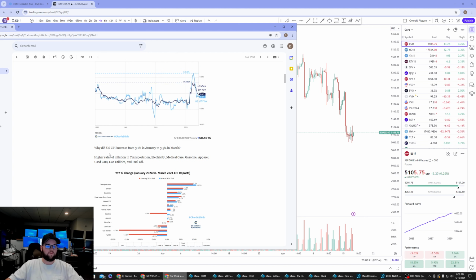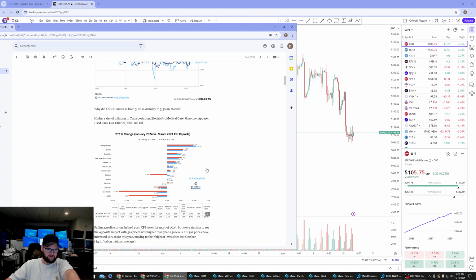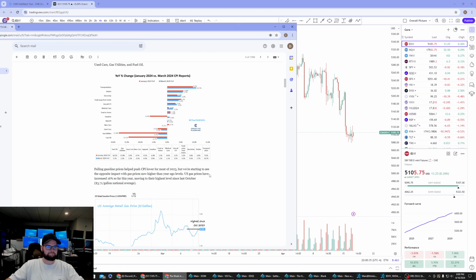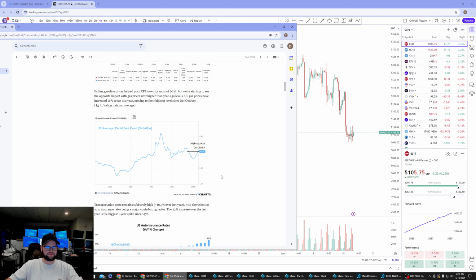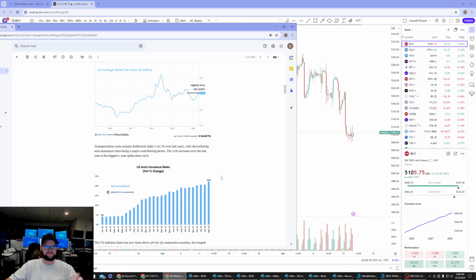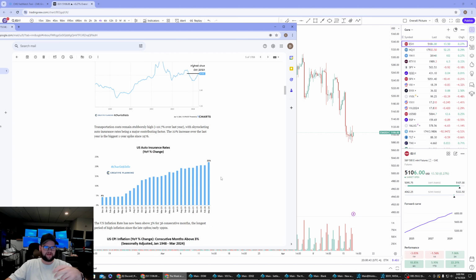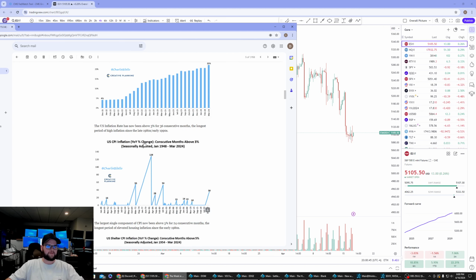So why did US CPI increase from 3.1% in January to 3.5% in March, right? Higher rates of inflation in transportation, electricity, right? You could pause this if you really want to look at that. And then he goes on to more of the specifics, right? The specific transportation costs and retail gas prices, stuff like that.